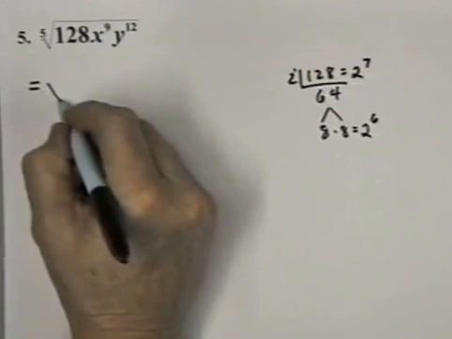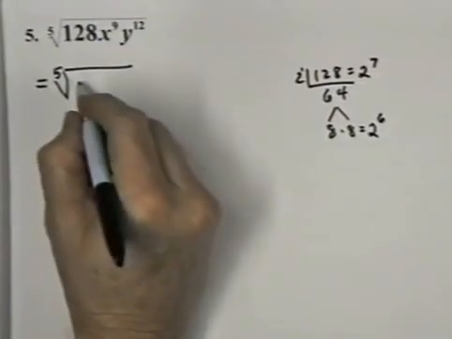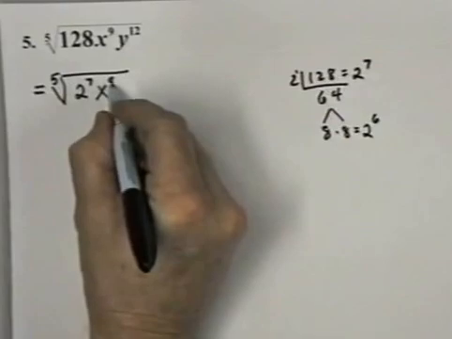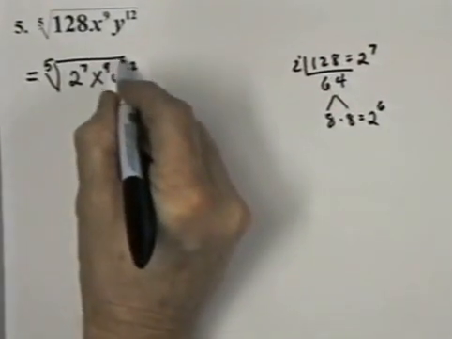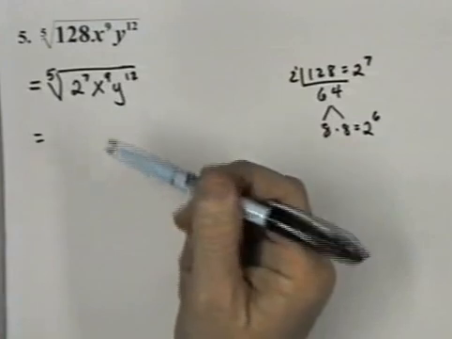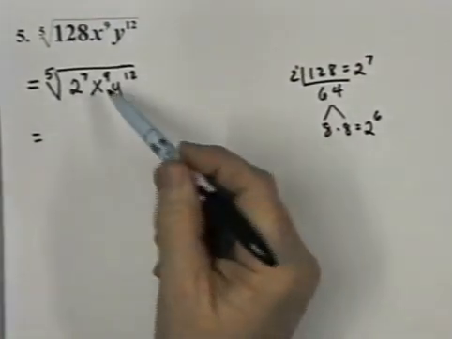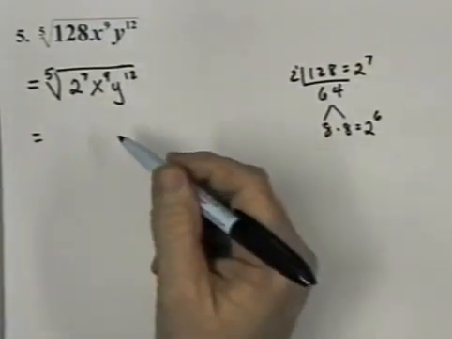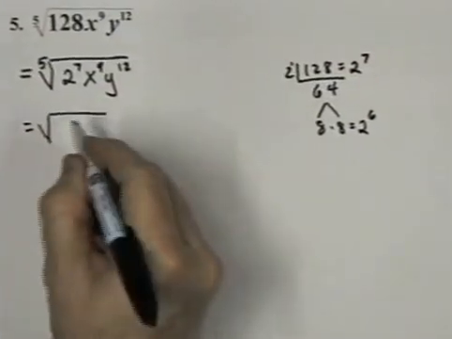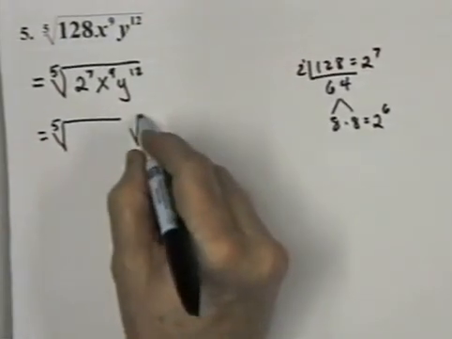Alright, so we can rewrite this then as the 5th root of 2 to the 7th power, x to the 9th power, y to the 12th power. If you do it this way, you can treat your number factors exactly the same way you do with your variables. And now I want to write this as a product of 5th roots.